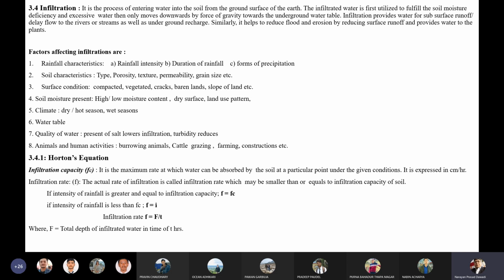That's why vegetation cover helps to increase infiltration. And similarly, cracks. If there are cracks in the ground, then the precipitated water can seep into the ground easily. That's why infiltration will increase.